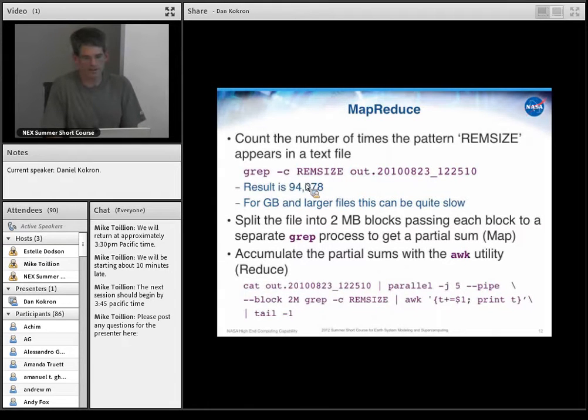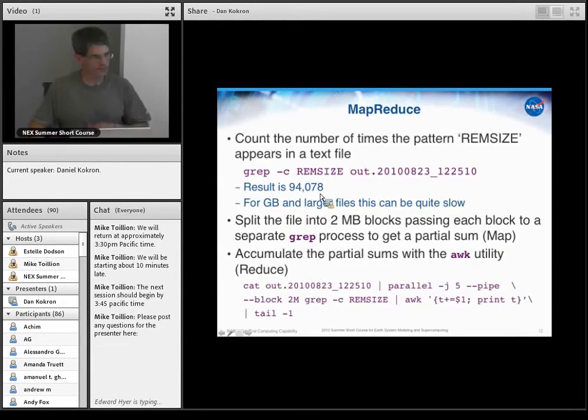So if we could somehow split it up, count individual files, and then merge the result, it could take less time. And that's what we do with this command down here. If you're familiar with the cat command, it basically dumps all the contents of a file out to the screen, or in this case, we're piping it through parallel.